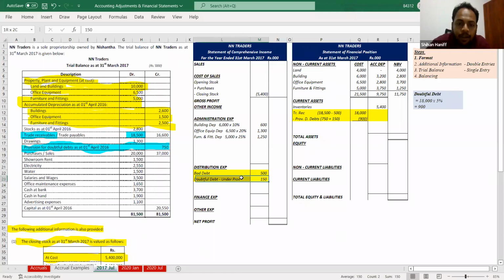You take only the increment, 150, not the total amount, because already last year 750 was taken. That is why it is brought forward in the trial balance, 1st of April 2016. This year we have to increase it by another 150.